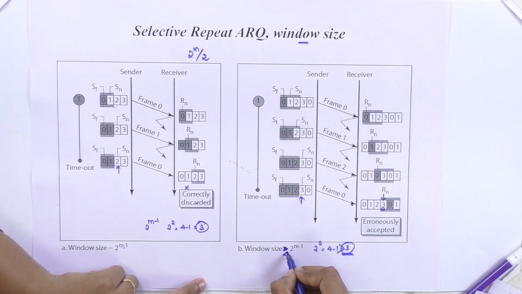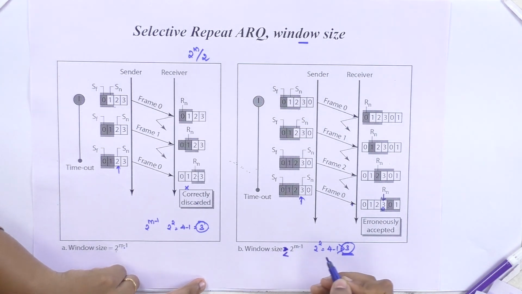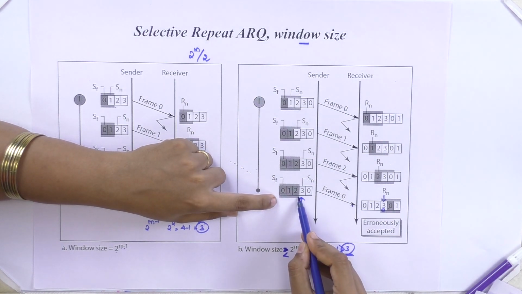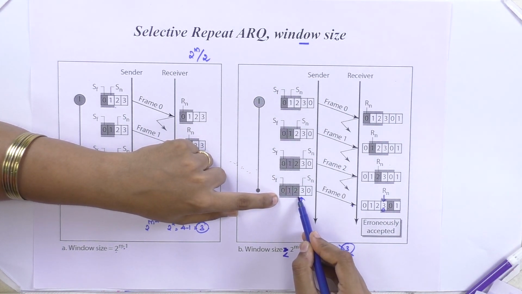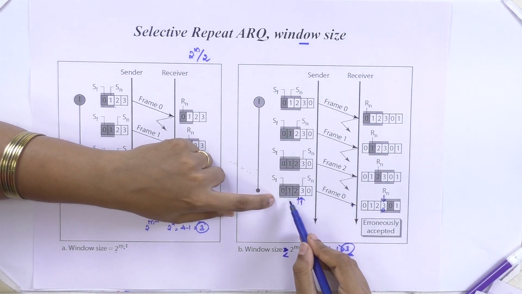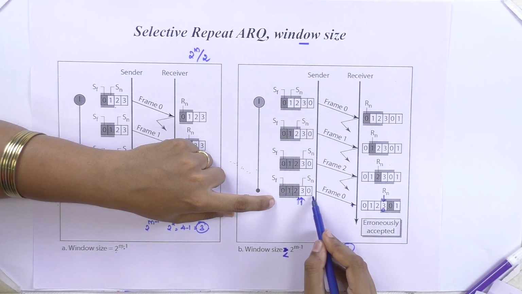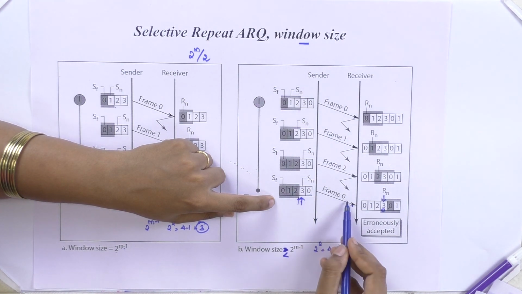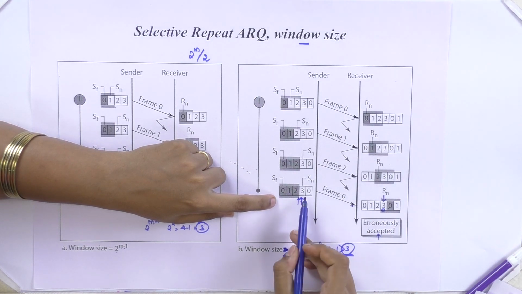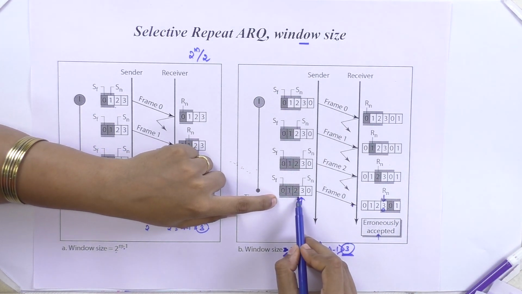Here my window size is less than 2 power m. So in the same scenario, this 3 has come to an end. The acknowledgement has not yet been received by the sender. The frame 0 is next sent, but it will get accepted. Why? Because my window size is actually 3 only.